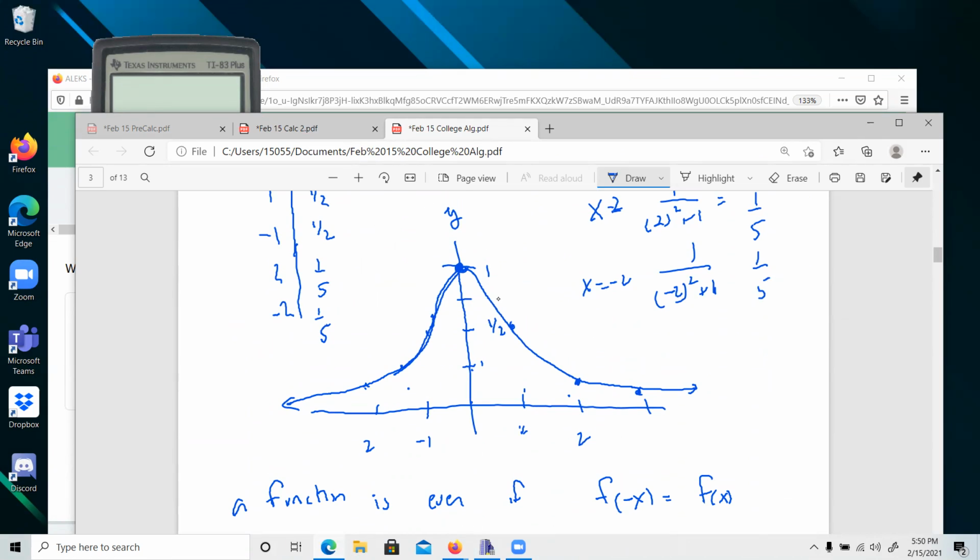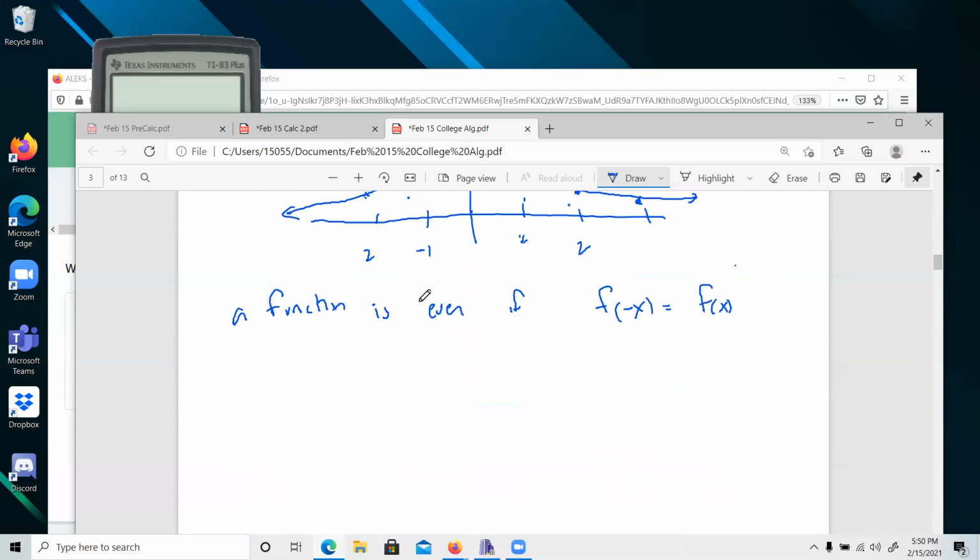The negative side has the same y value as the positive side. That's all this is saying. A function is odd if f of negative x is equal to negative f of x. Like the negative sign floats through. It doesn't, but it looks like it does.